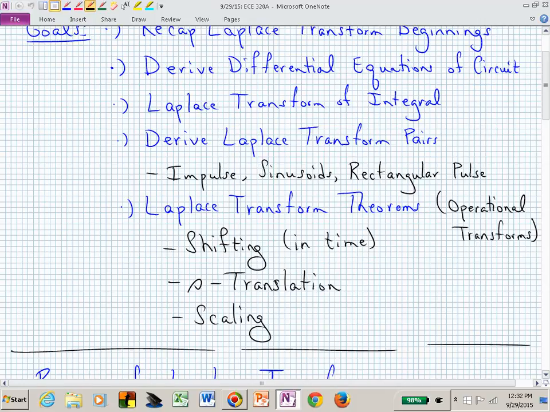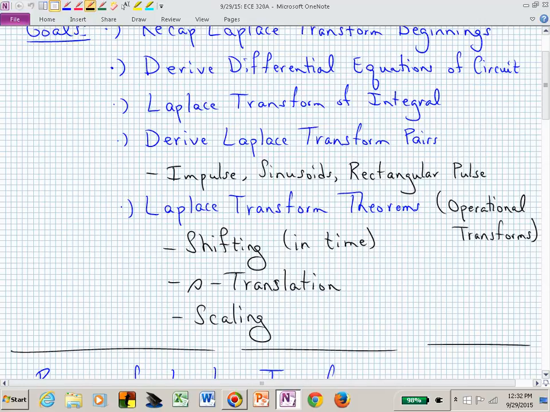That will then lead us into working with time domain waveforms that are modified from what we have in the table, and how can we make these modified waveforms look like something that we can Laplace transform, or can we apply different Laplace transform theorems to make this conversion possible?